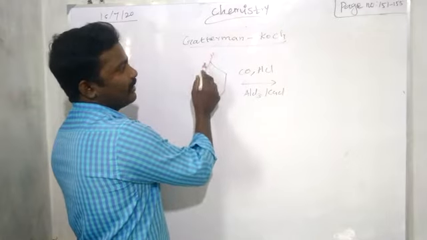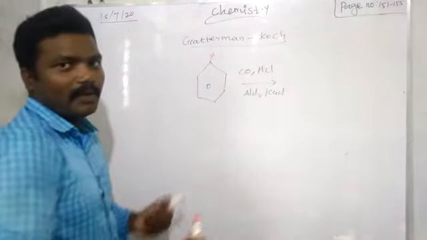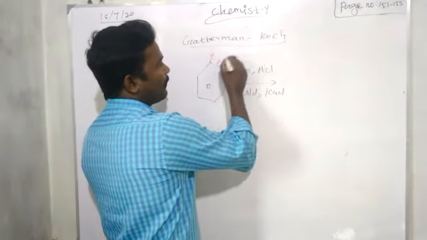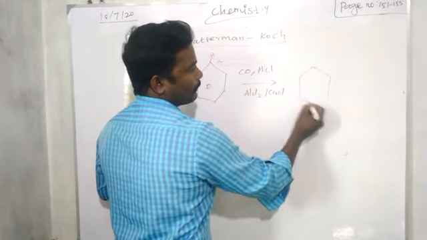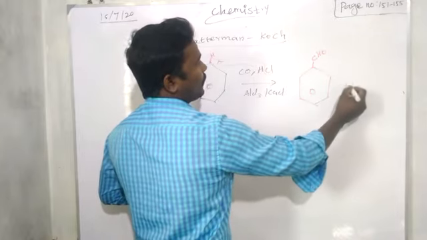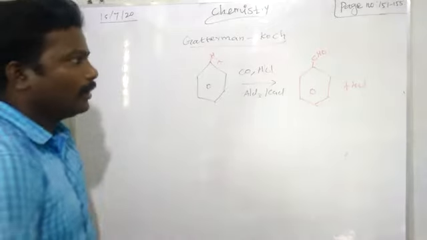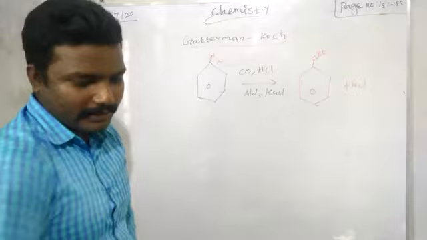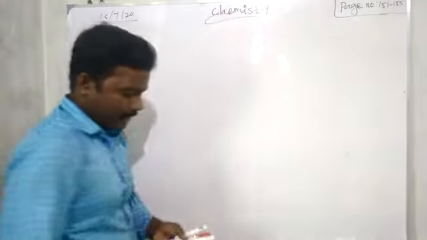This hydrogen will combine with the Cl and go as HCl. What's the remaining? CHO. So we will get the product CHO plus HCl. So we got the aldehyde. What's the name of the compound? Benzaldehyde. Gattermann-Koch reaction.